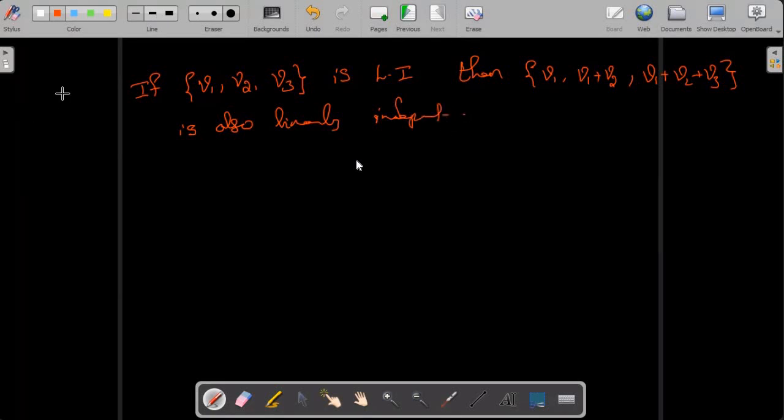Okay, so take it as homework. You try to prove it. If the set V1, V2, V3 is linearly independent, definitely the other set is also linearly independent.